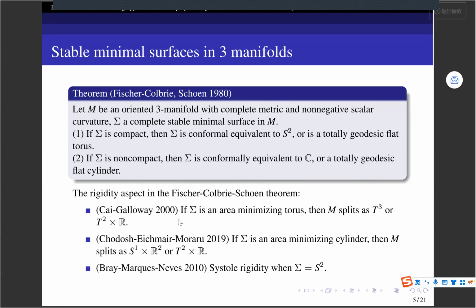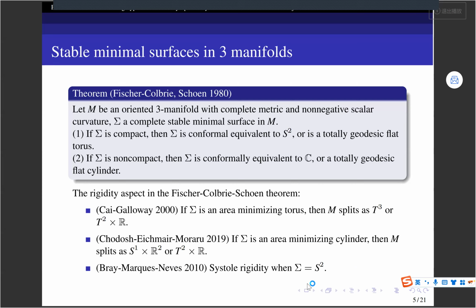Cai and Galloway have shown that if a three manifold with non-negative scalar curvature contains an area minimizing torus, then the ambient space must split as the standard torus or torus times R. In the non-compact case, when sigma is an area minimizing cylinder, Chodosh, Eichmair, and Moraru also obtained ambient space rigidity.